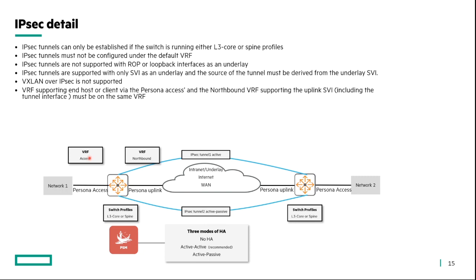And lastly, the three modes of HA: no HA, active-active, which is obviously the recommended, and active-passive. Another reminder: switch profiles layer 3 core or spine at either end of our tunnels.